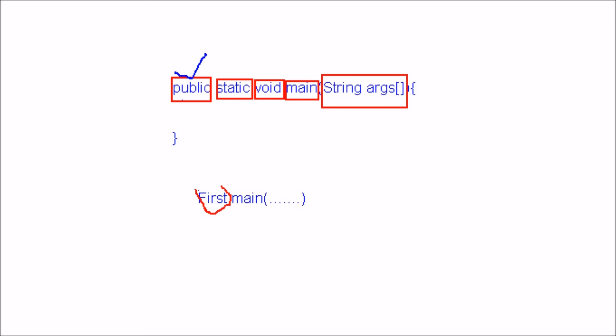This is a class name and this is a method name, and the main method is accessed using a dot operator. The dot is called a member access operator.